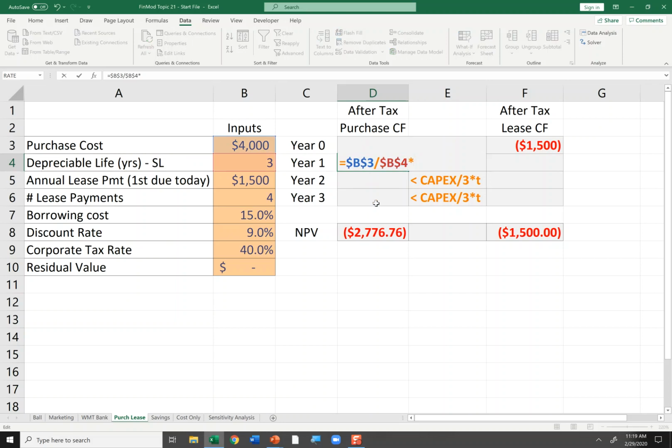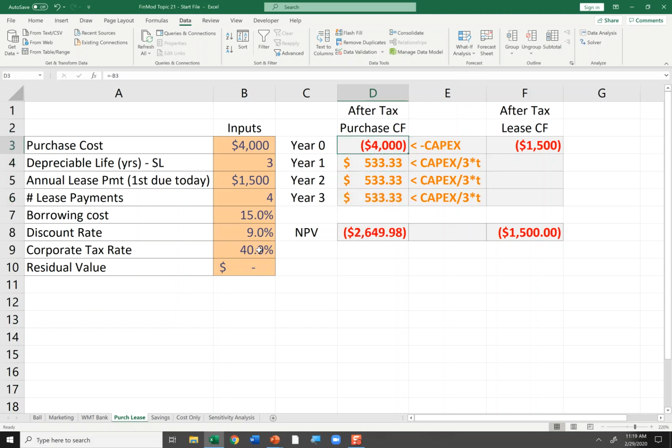That non-cash expense, multiplied by the tax rate, is going to save me $533 in taxes in future years. So my real cash flows for purchasing this machine are: I'll buy it for $4,000 today, then I'll save taxes of $533 a year for the next 3 years. If I do the NPV, that is negative $2,649, since it's a cost.